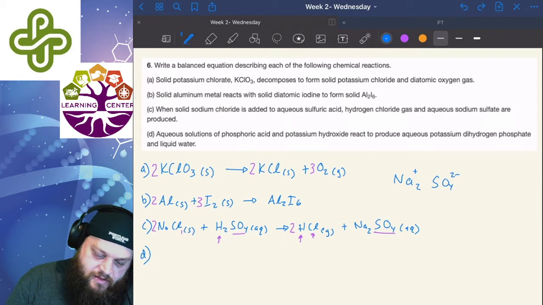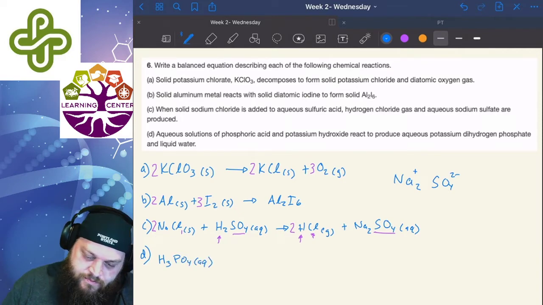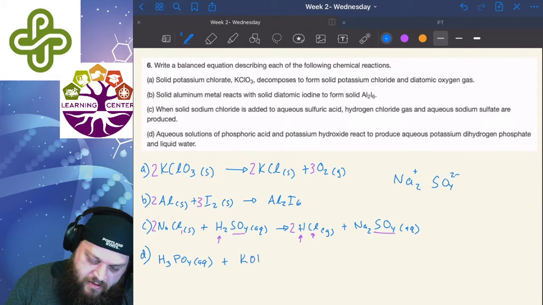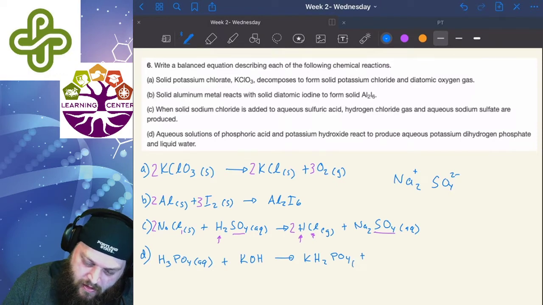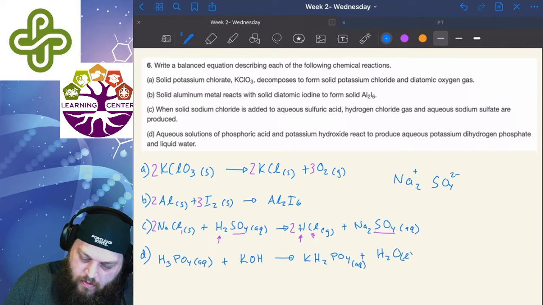So aqueous solutions of phosphoric acid, which is H3PO4, aqueous, and potassium hydroxide, that's KOH, react to produce potassium dihydrogen phosphate, aqueous, and liquid water, H2O liquid.